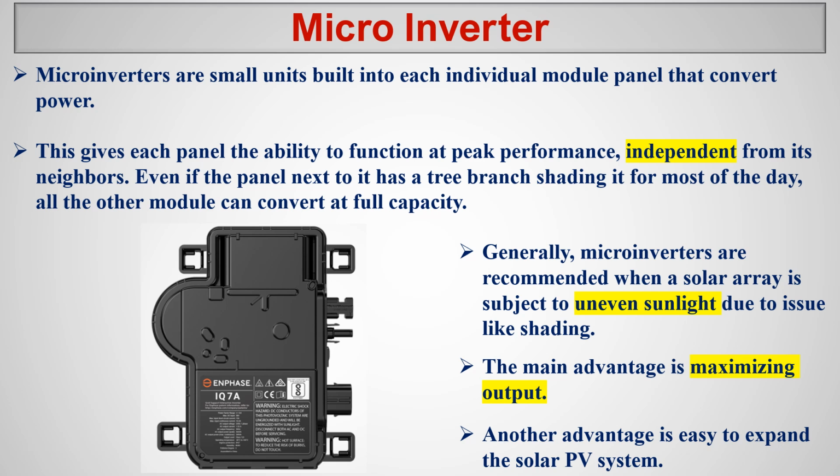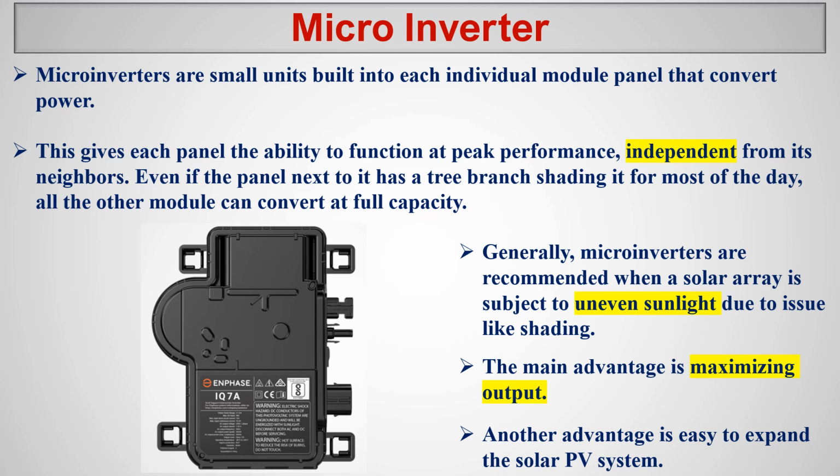Let's say you have frequent shading issues on different panels, then we can go for microinverters. Even on your rooftop, if you're installing a 2 kilowatt system but there's a big tree or some objects moving around that disturb the sun's radiation on the solar panels, I mean solar radiation, it means that shading occurs intermittently.